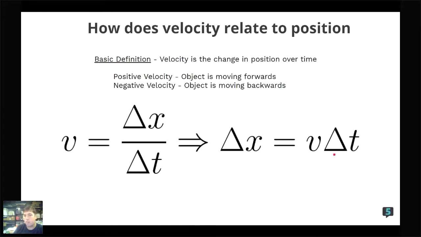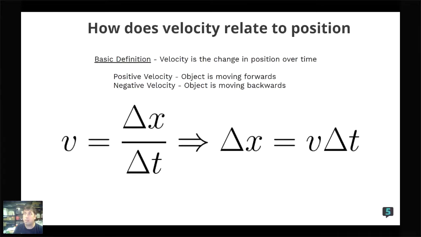It's not just an equation for velocity, but a mathematical equation that you have probably seen in one of your algebra classes, or maybe in geometry. Take a second and see if you can figure out what this equation, delta x equals v delta t, is similar to.